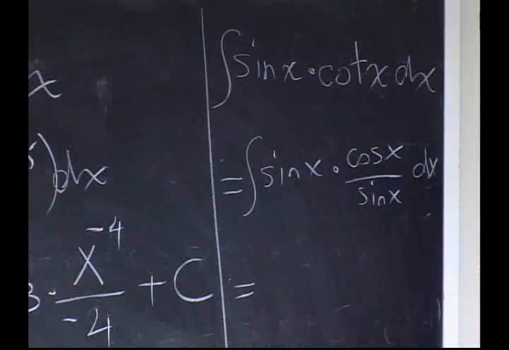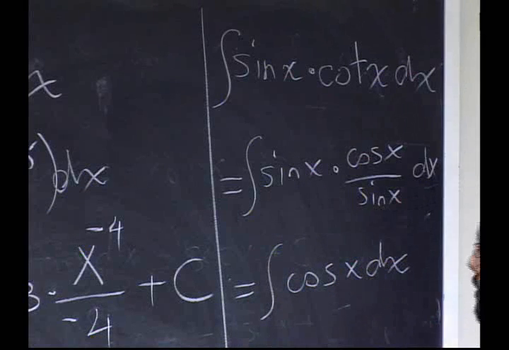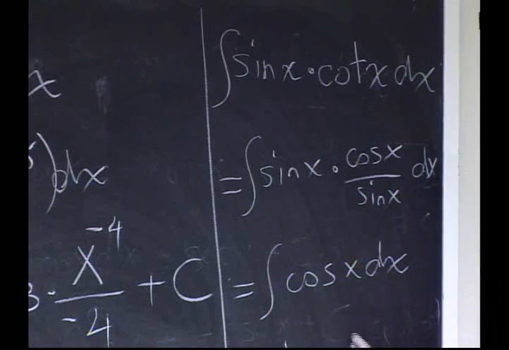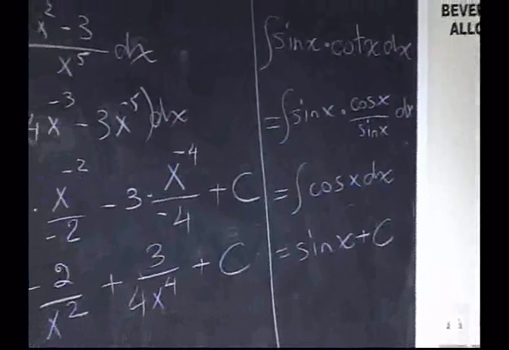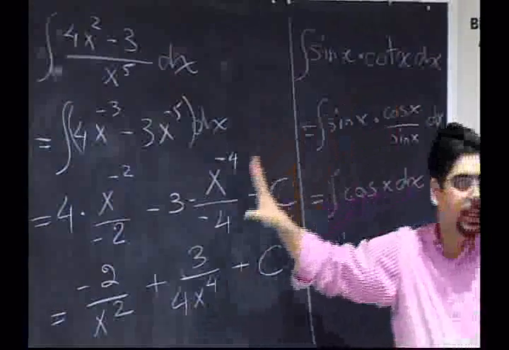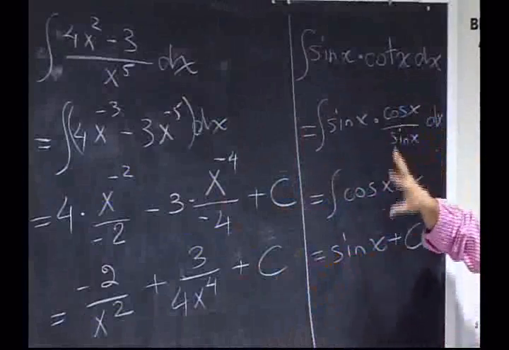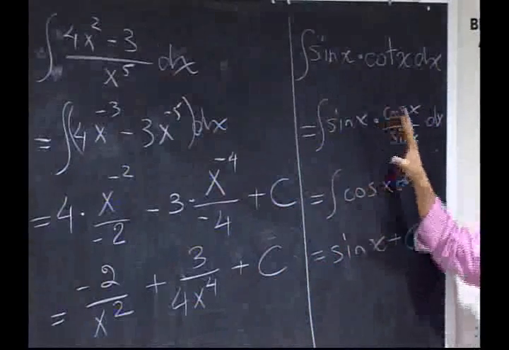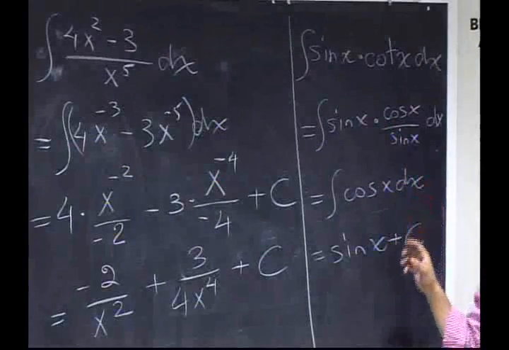And then we get cosine x, and that's easy. So your integrand may not directly appear as something that looks like one of the things in your tables, but with some basic algebra, you could make it turn into pieces, each of which can be done using the rules that we have.